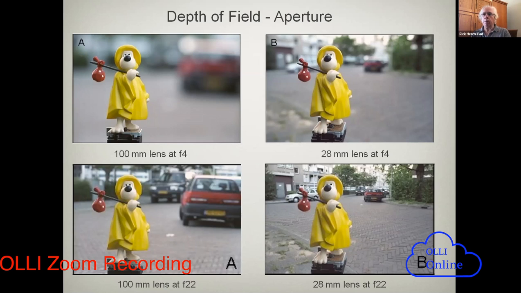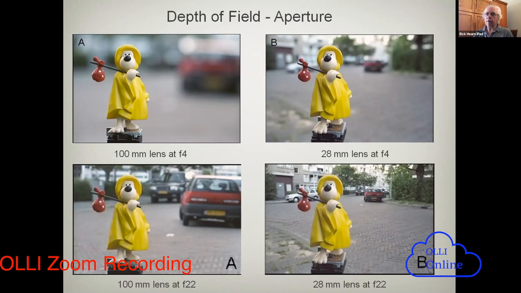Neither the hobo nor the car moved. But when we went from 100 millimeters to 28 millimeters, we moved closer to the hobo with the camera. So now let's say, for the sake of discussion, that the hobo is 5 feet away from the camera. We went from 20 feet away with the zoomed out lens to 5 feet away with the wide angle lens. Now, the distance from the camera to the car is 5 feet to the hobo plus another 20 feet to the car, total of 25.